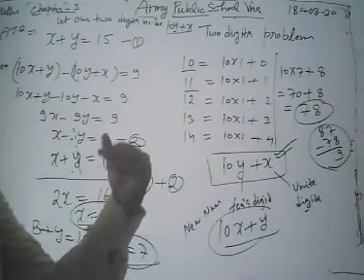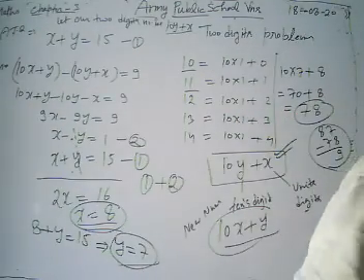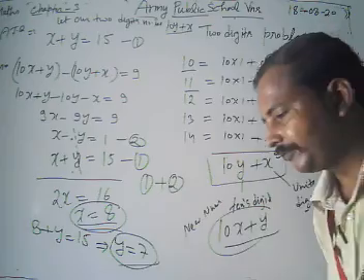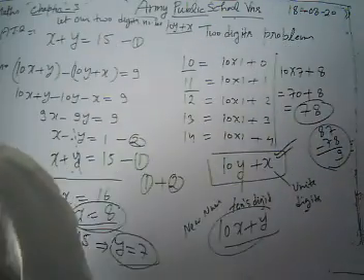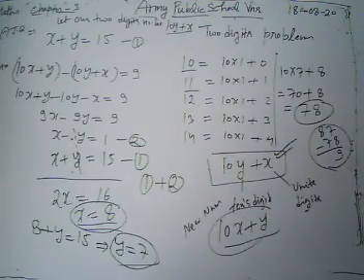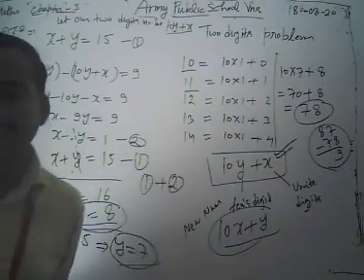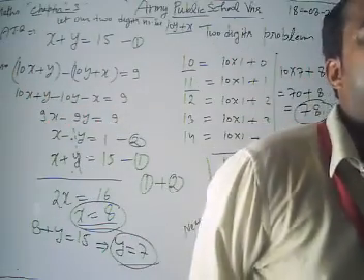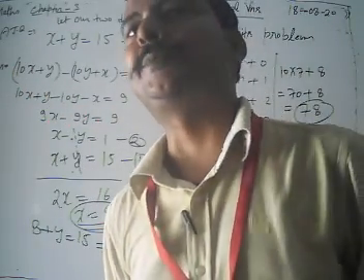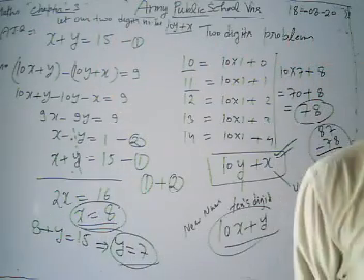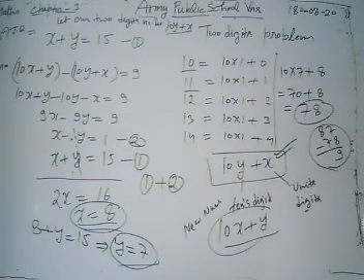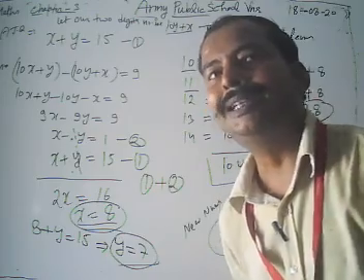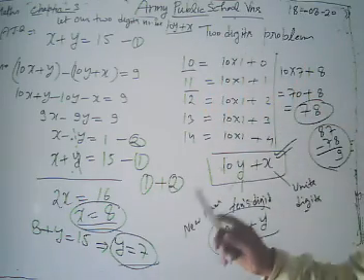Then again, look, we have discussed our two-digit problem. What I told you is that whenever we have any problem in pairs of linear equations in two variables which belongs to two-digit problems, we start with, let our two-digit number be 10y plus x.